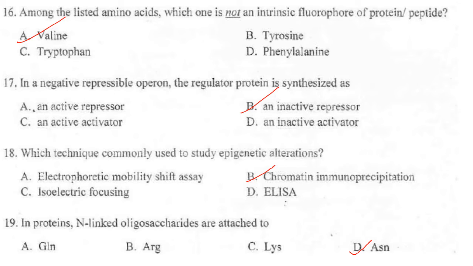So it is valine. Answer is option A. Then, in a negative repressible operon, the regulator protein is synthesized as. So, in a negative repressible operon, transcription of the operon normally takes place. Repressor proteins are produced by the regulatory gene, but they are unable to bind to the operator in their normal conformation.